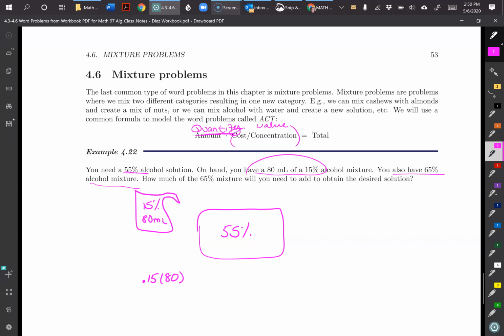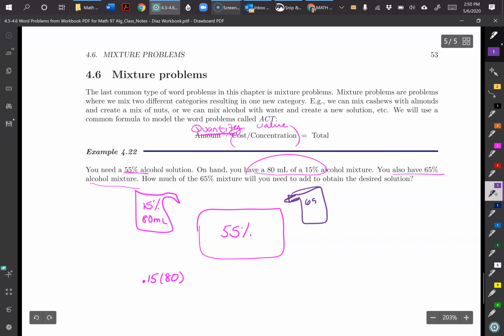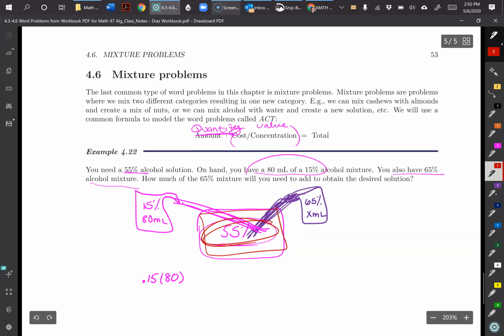So I also have on the other side here a beaker or a spout thing full of 65% to add in with that, but I don't know how many milliliters, so I'm going to call that X. And then all together, I'm going to pour the purple one in here and the pink one in here, and together we'll get this, make that red, 55%.